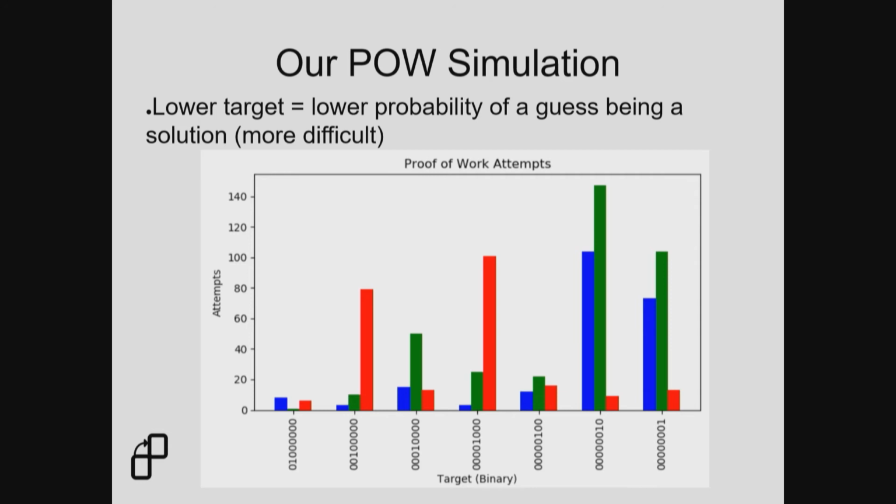The likelihood that it takes a lot more attempts, a lot more guesses to find an answer to that problem increases. So for the run with a difficulty target of just 1 leading zero, on average, it took less than 20 attempts by far to find a solution.